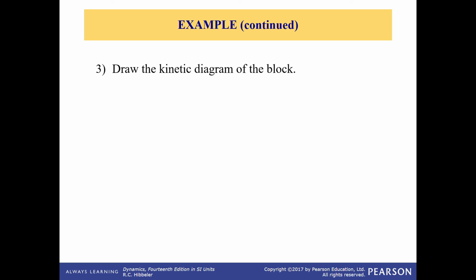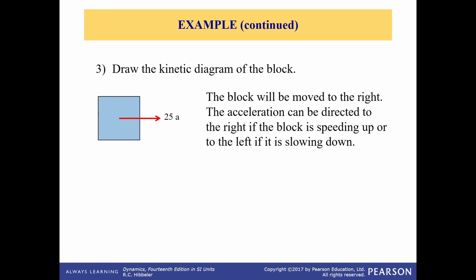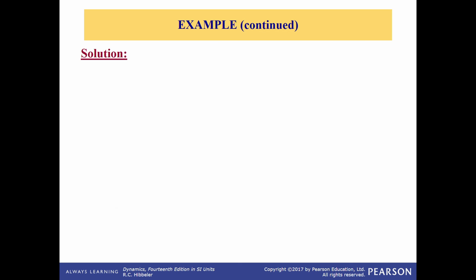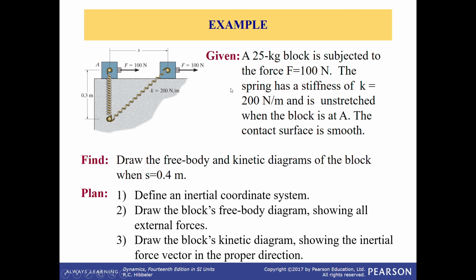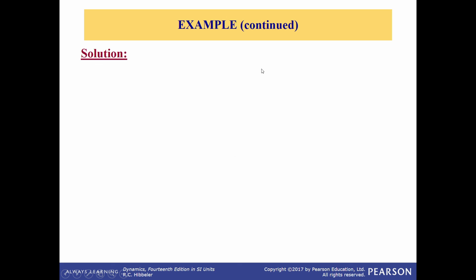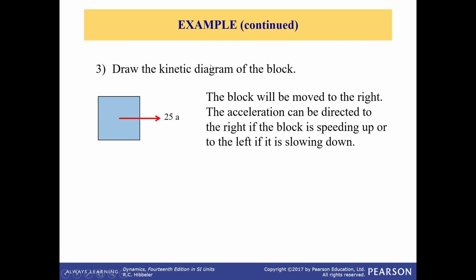Right, so now you need to draw the kinetic diagram of the block. You know that when the force is acting on this body in this direction, the motion will technically be in this direction, so the acceleration will point in this direction. So it will be easy for you to determine the direction of the kinetic diagram.